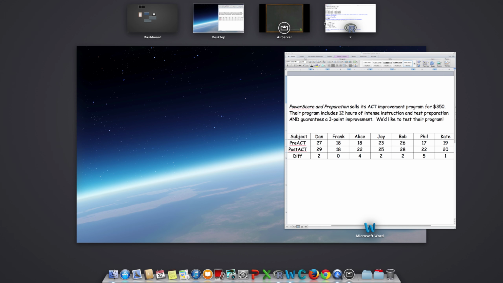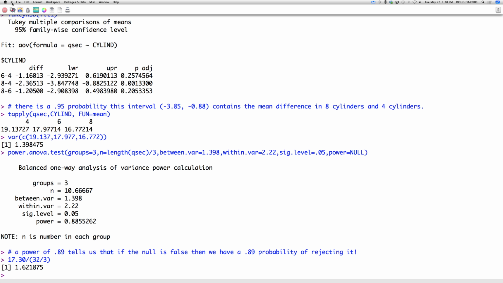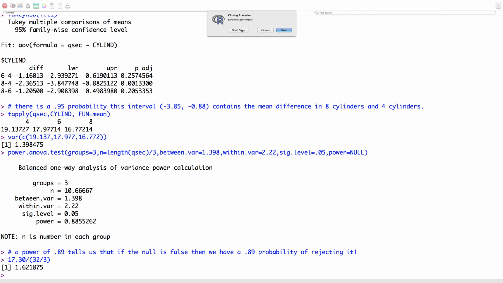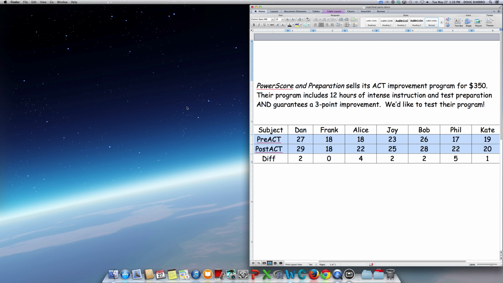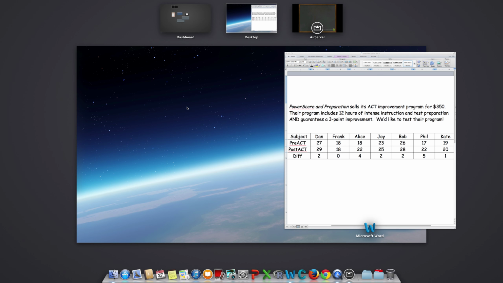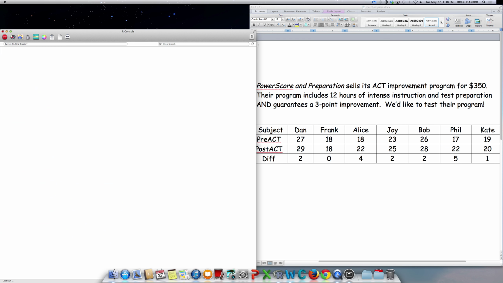Alright. Now I'll tell you what I'm going to do. I'm going to shut R down because I want to kind of start from scratch, and sometimes I like to call things the same. So let's bring R back up. Computer's running really slow, man. I don't know what's up with my computer.